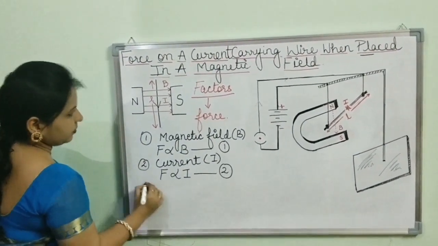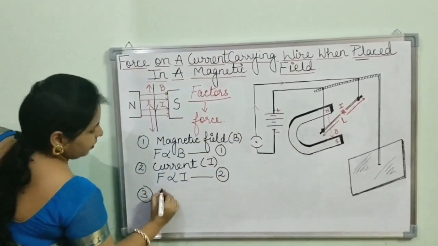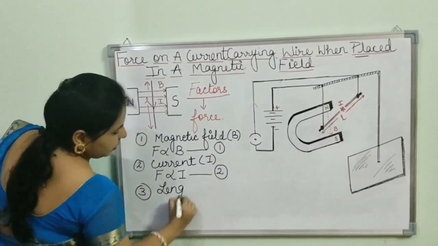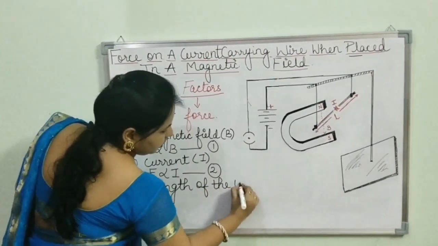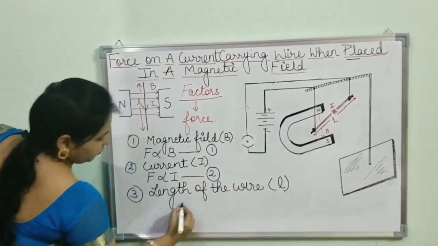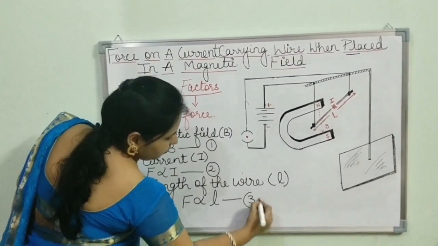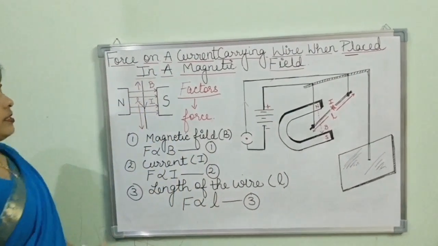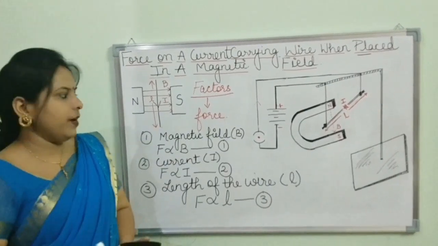And the third factor, the length of the wire. If you change the length of the wire, then also the force will change. So the third factor is the length of the wire. The more the length, the more the force. So these are the three factors that will affect the force on a current carrying wire.